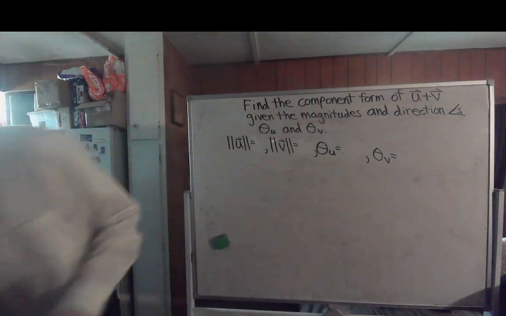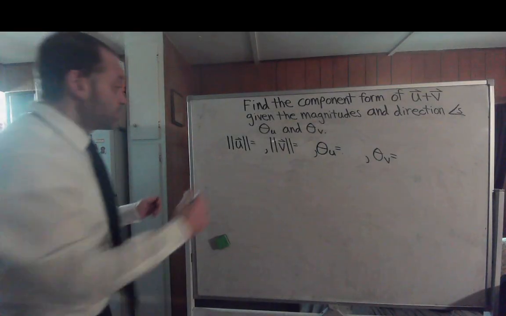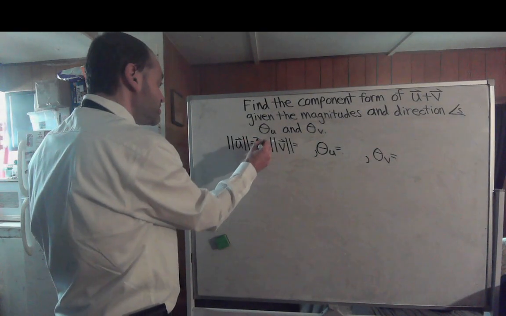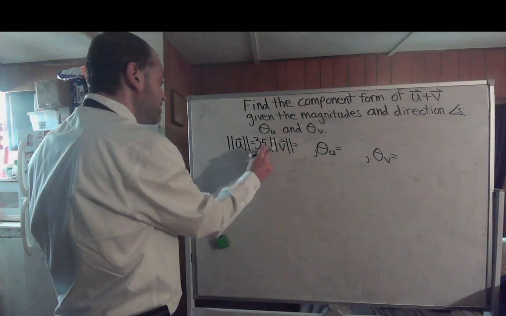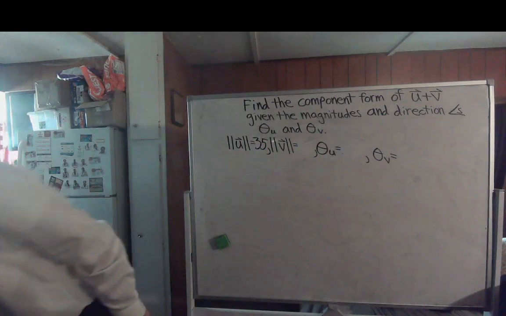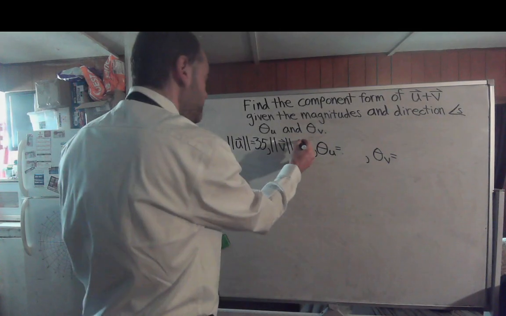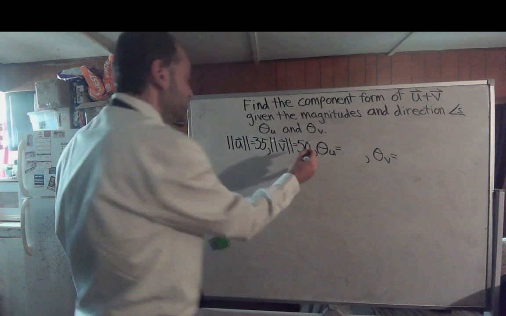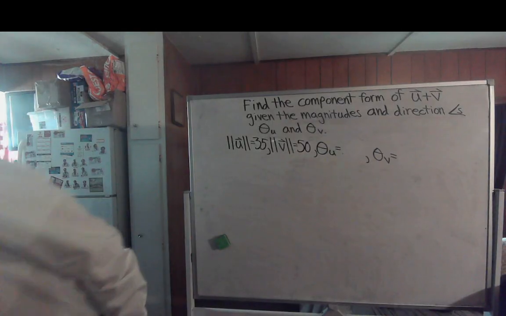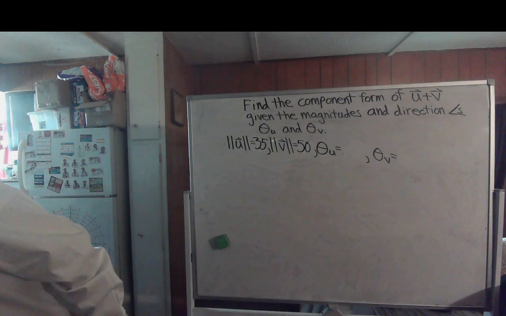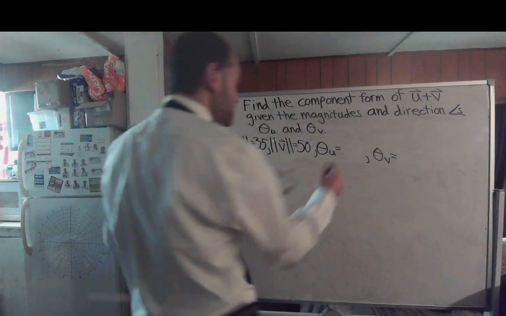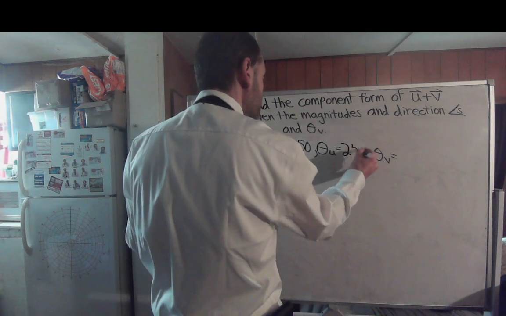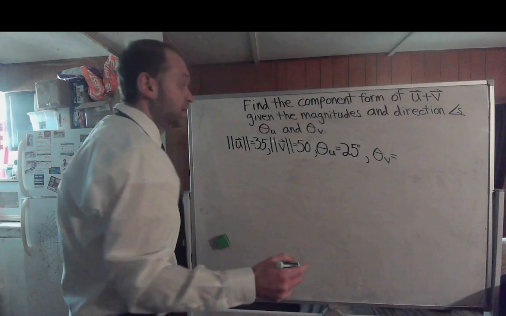All right, what do we got? Vector u has a magnitude of 35. Vector v still has a magnitude of 50, but I'm sure the angles have changed. Oh yeah, they have. The reference angle for theta sub u is 25 degrees.